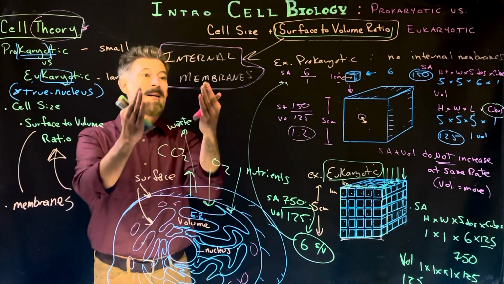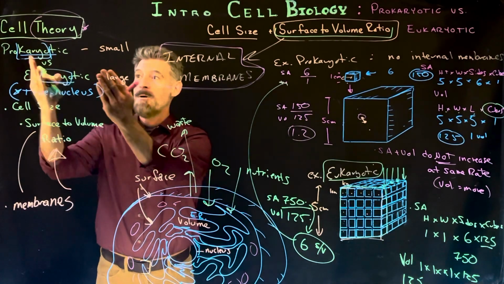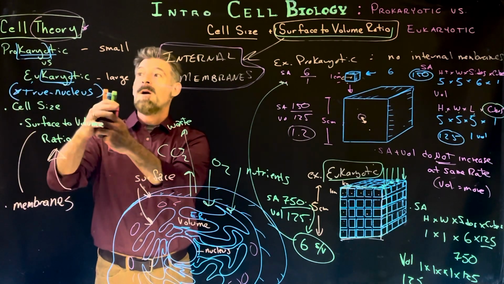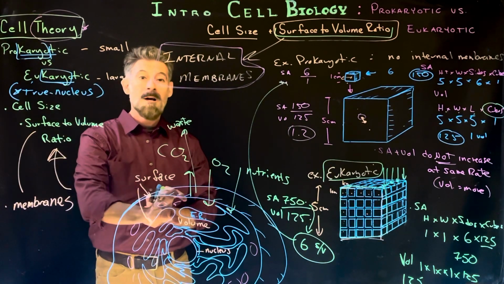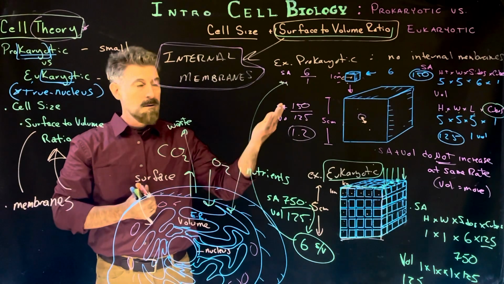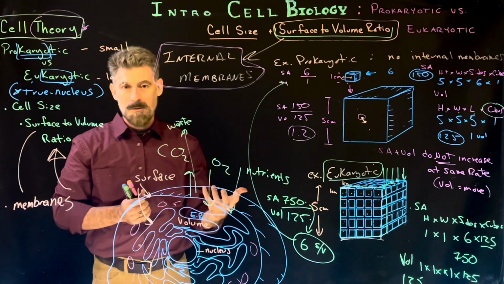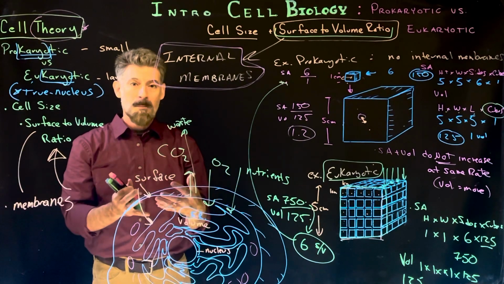So having internal membranes is the key, and internal membranes relate to our definition, right? Prokaryotic, eukaryotic, we're talking about the nucleus. The nucleus is a membrane. The real difference between prokaryotic and eukaryotic cells is having the internal membranes. Prokaryotic cells typically don't have the true membrane structure.